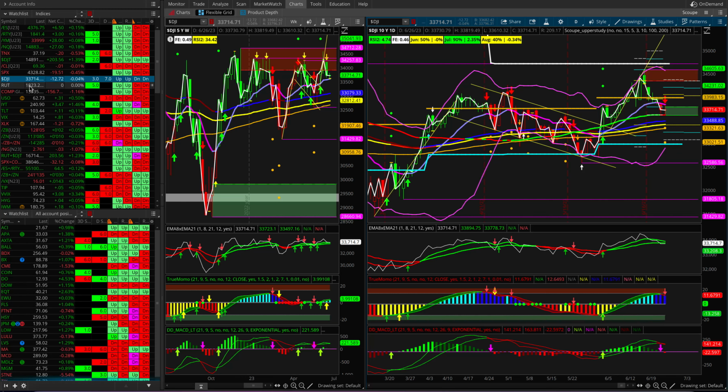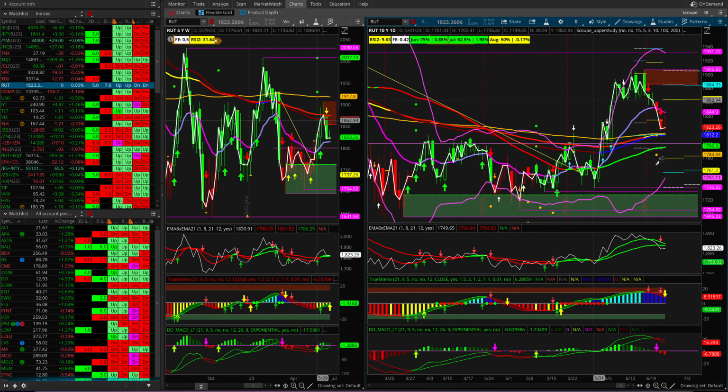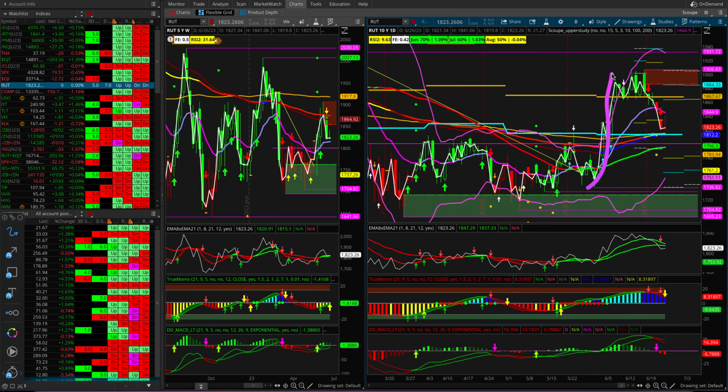And then we'll move on to the Russell, which looks like it's had a hard couple days here, and we do have sell arrows all over the place. And so we had one here. By the way, in my opinion, any of these arrows is a reason to collect, or if you were profitable on this way up and you get an arrow like that, that's a great place to take some profit.